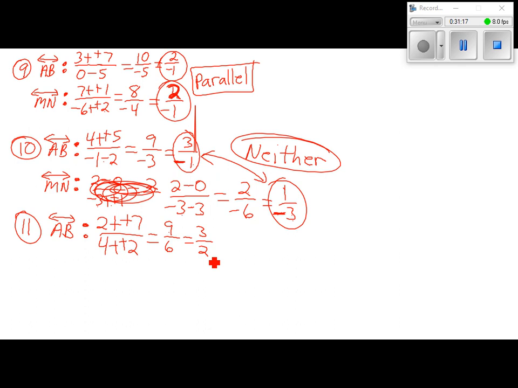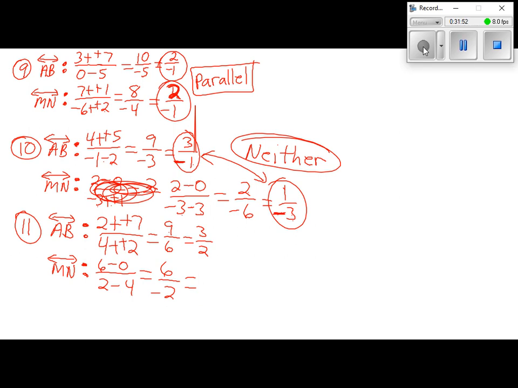Let's see here for line MN, our y's are 6 minus 0. Again, I'm going backwards, 2 minus 4. 6 minus 0 is 6. 2 minus 4 is negative 2. I wrote the wrong number down again.